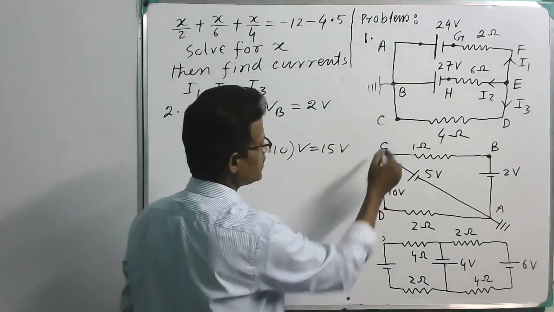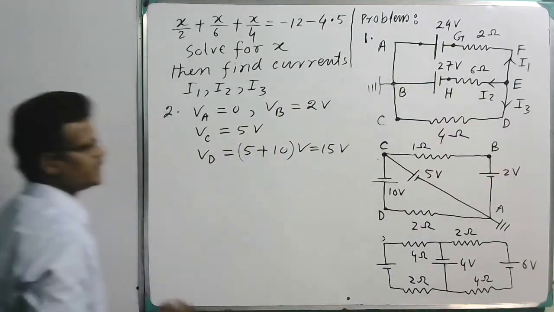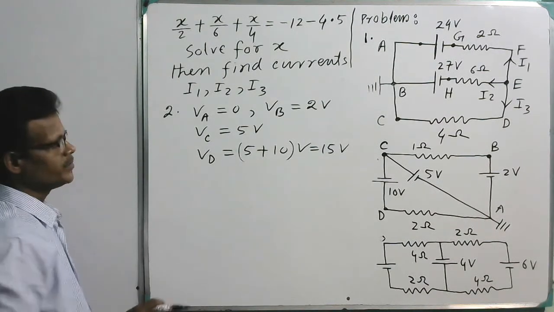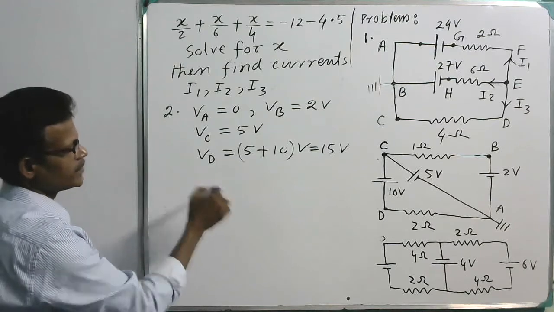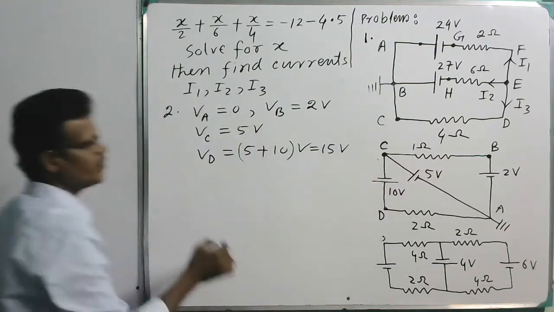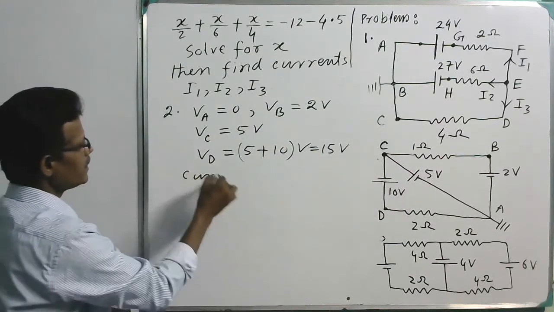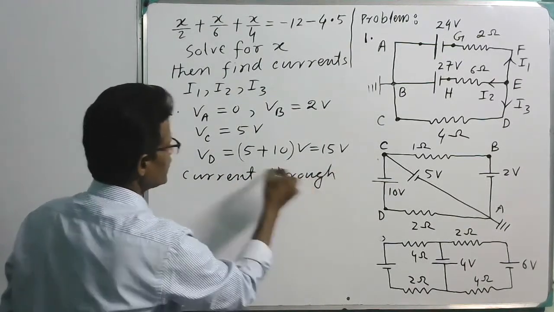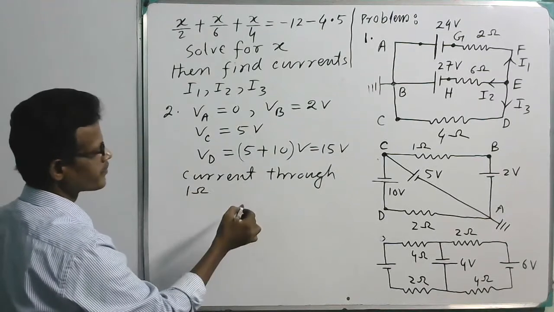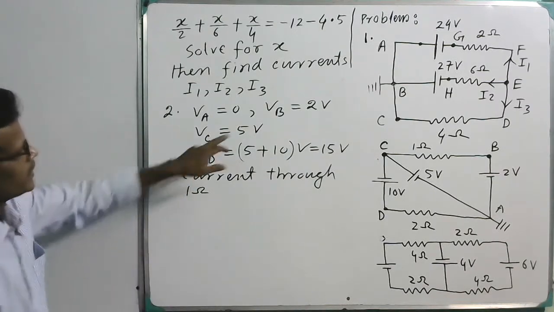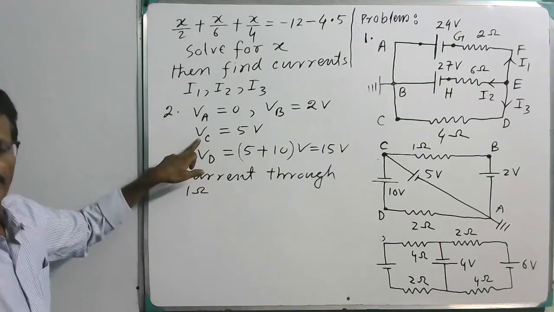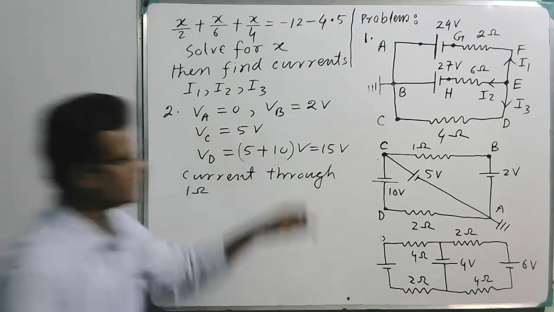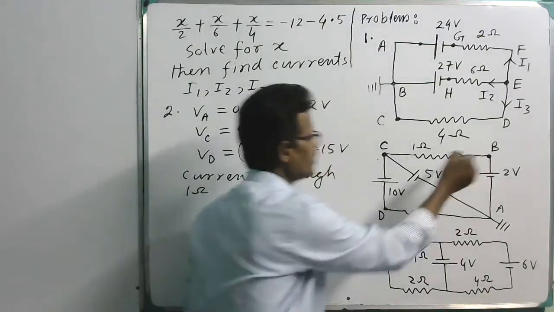Here you have the idea about the potential of the two points C and B. So current through this 1 ohm resistance, how much? Higher potential point C, VB is 2 volt, VC is 5 volt, so current is flowing this way from higher to lower potential.